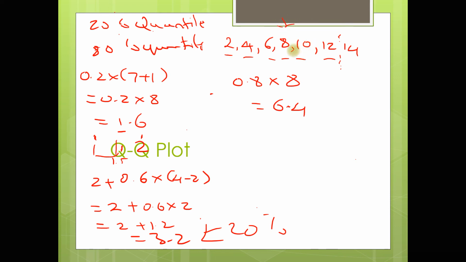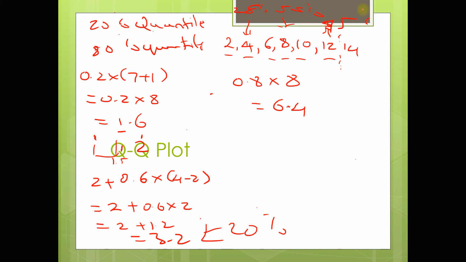We've got 4 as the 25th quantile, that is the lower quartile. We've got the 50th quantile, which is a percentile, which is 8. And we've got the 75% quantile. The 75% quantile is 12. All right.